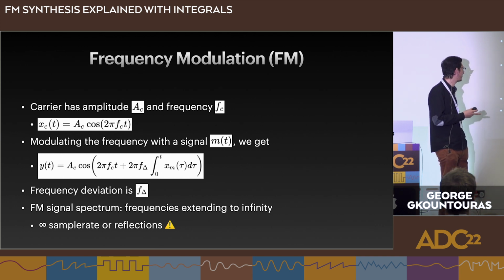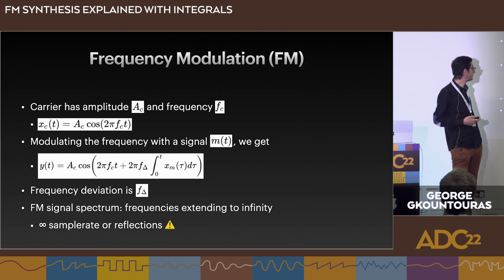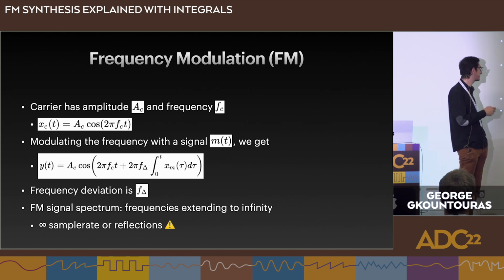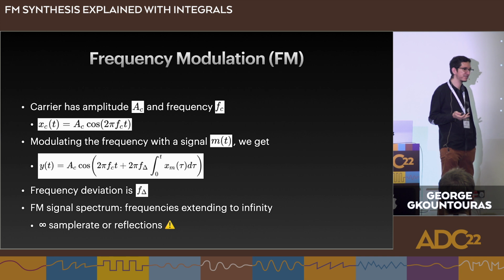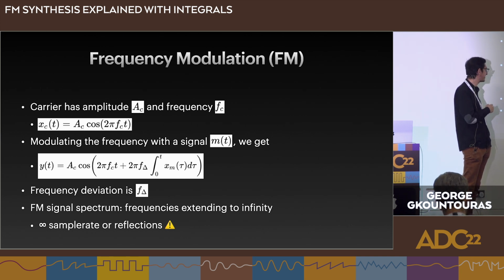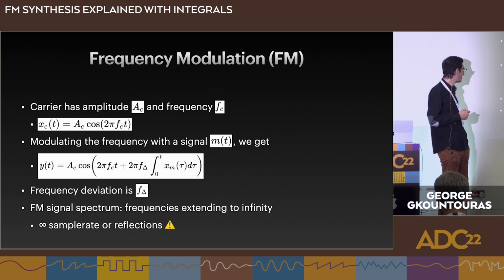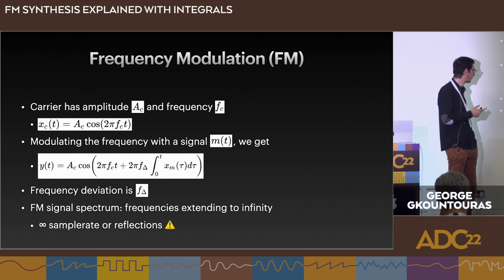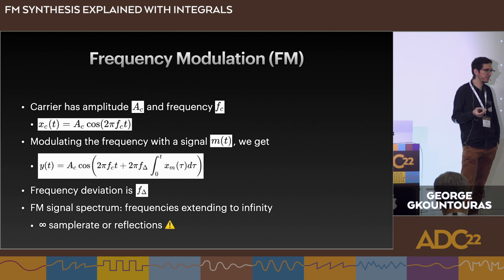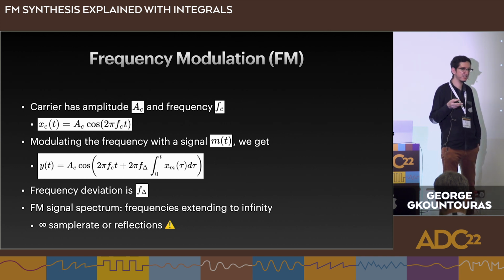So we have our modulator M, and the interesting case here is that there's an integral that appears inside the expression. We can also define the frequency deviation, F delta, and when it comes to FM signals, the resulting spectrum actually extends to infinity.